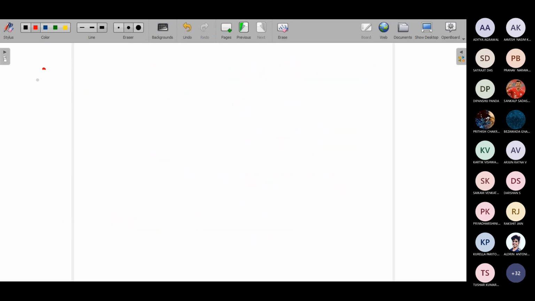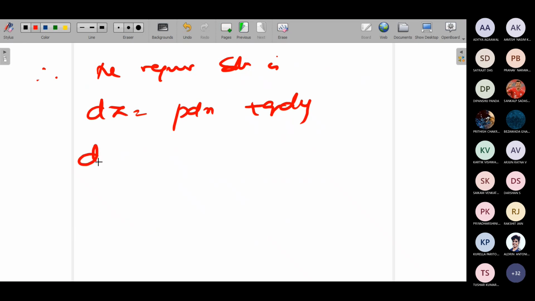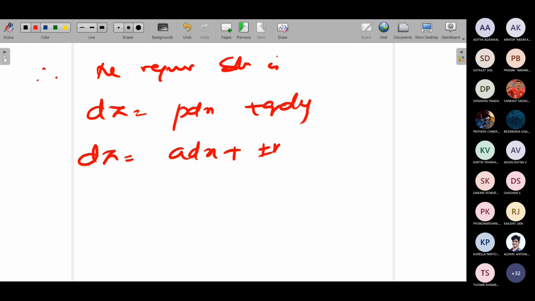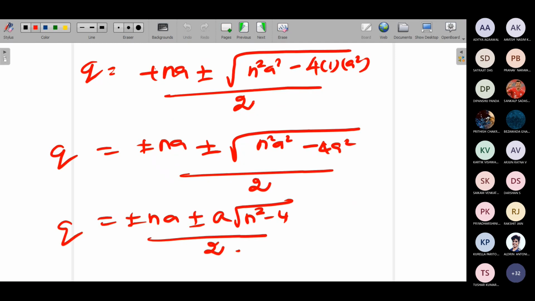Therefore, the required solution is dz equals p dx plus q dy. So dz will be equal to a dx plus q dy. What is your q? Q is plus or minus NA minus or plus... Why did I write plus or minus here?